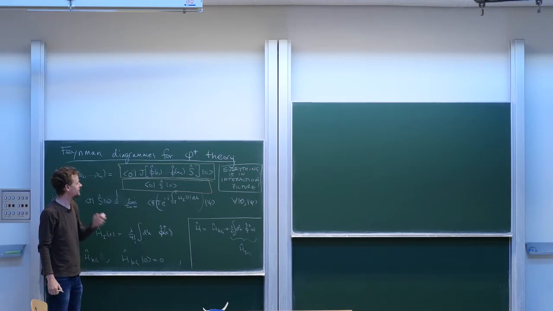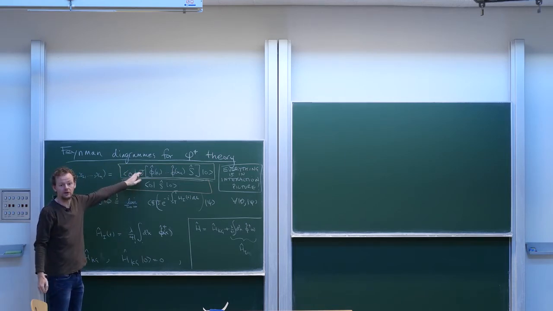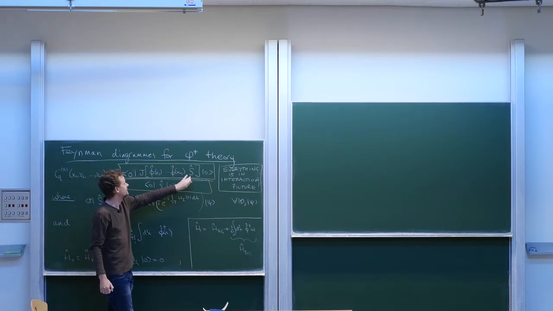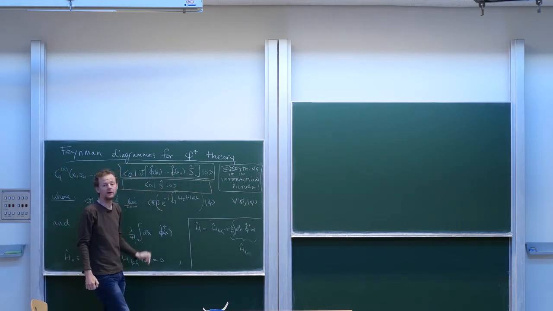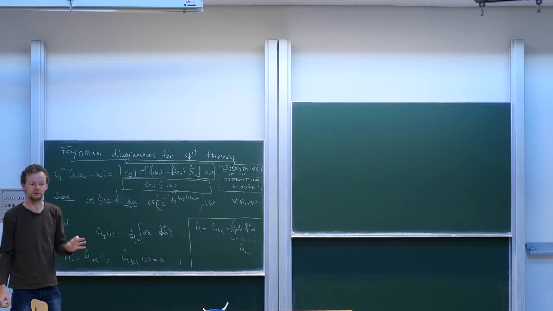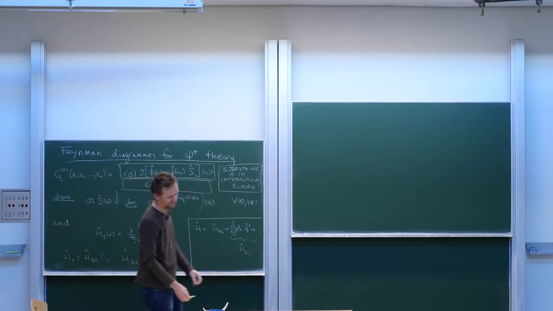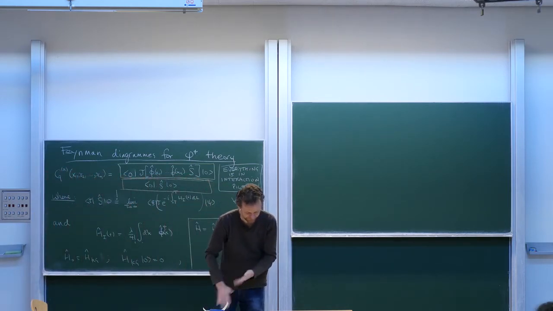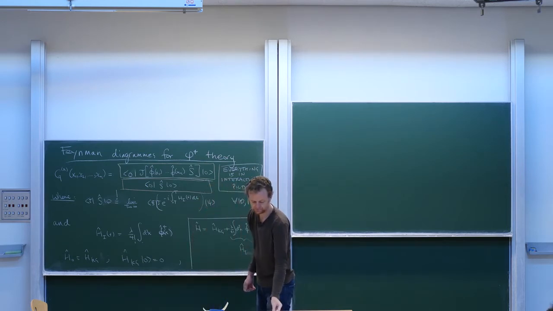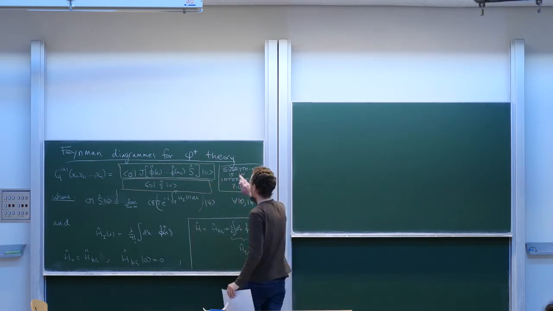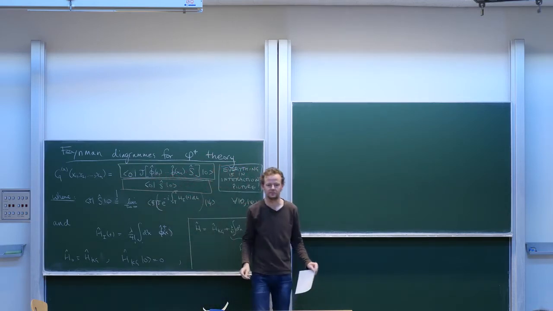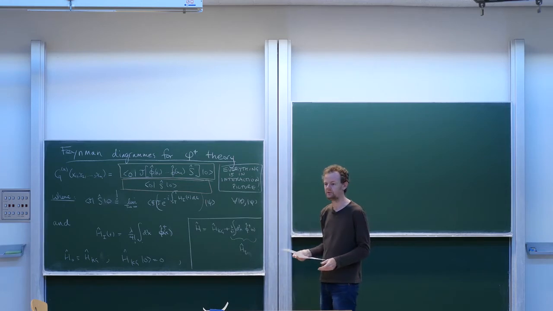To get actual numbers out of this, we're going to have to do some kind of expansion. The main difficulty lies in the S. The phi's are in the interaction picture. We don't have to expand those.